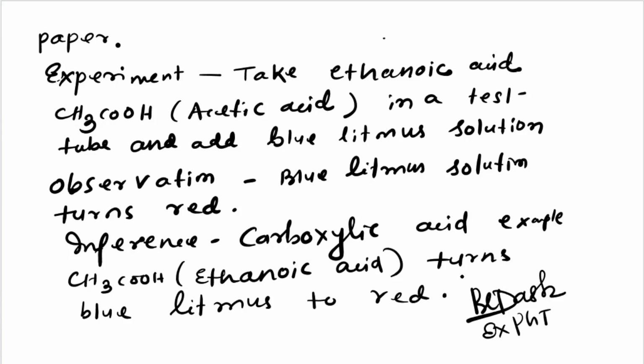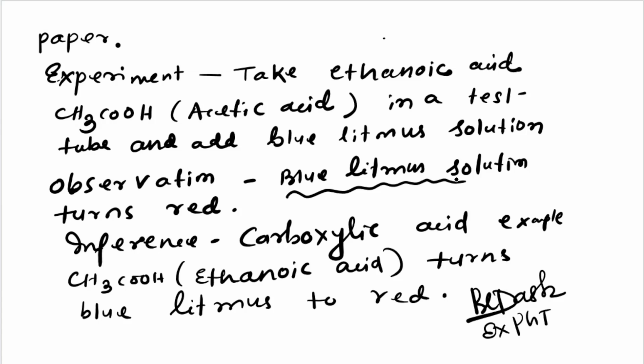This is very, very important. Carboxylic acid changes blue litmus to red. Inference: a carboxylic acid, for example ethanoic acid, turns blue litmus to red. That is why you can say this is a carboxylic acid.